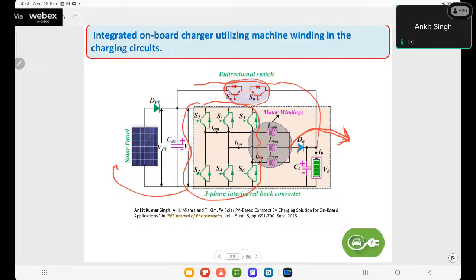So this diode is required. The neutral point voltage is always zero, while the battery voltage is positive. So even in an unbalanced situation, the voltage will not become as high as the battery voltage. So this diode will be reverse biased anyway.